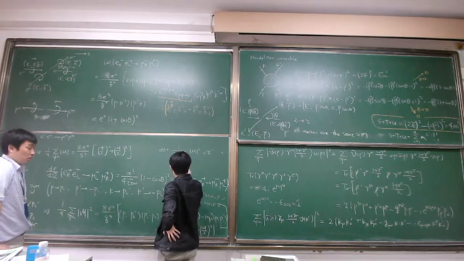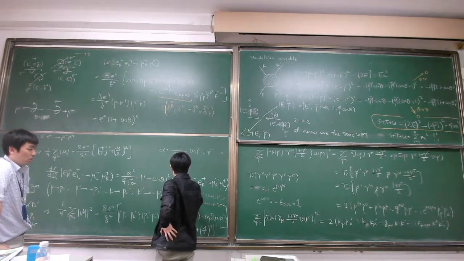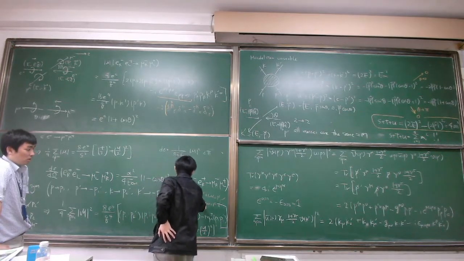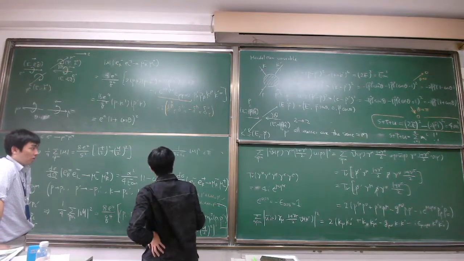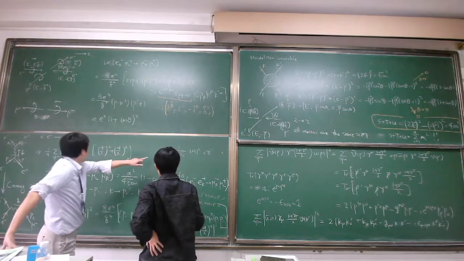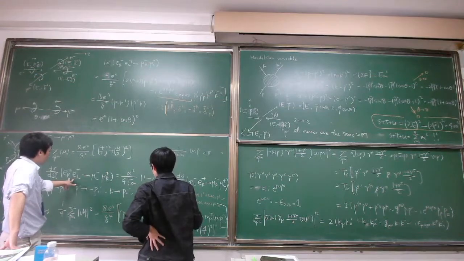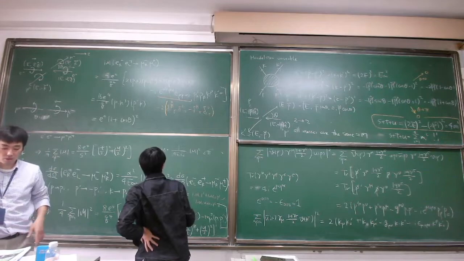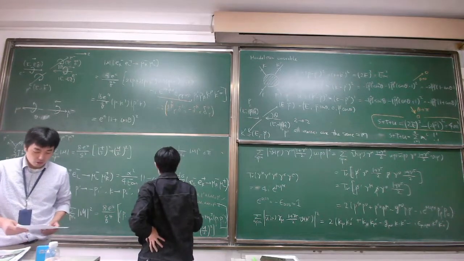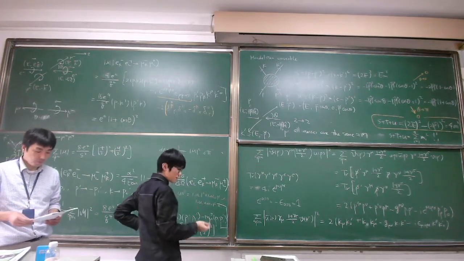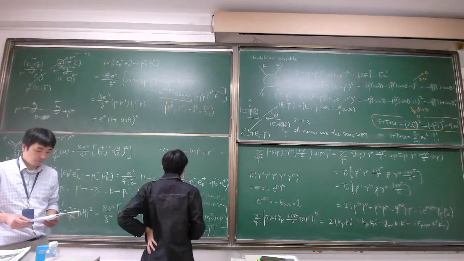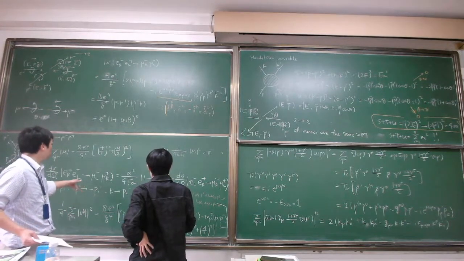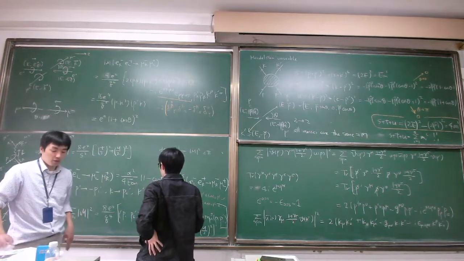The question is that you want the m squared equal to this one instead of this one. Each process will give you this. Okay, that's okay. You cannot mix this procedure and the other procedure.